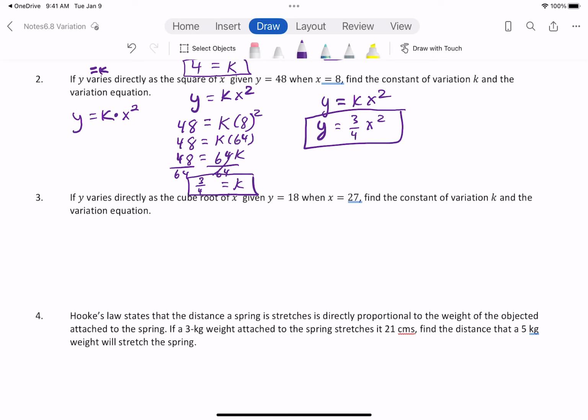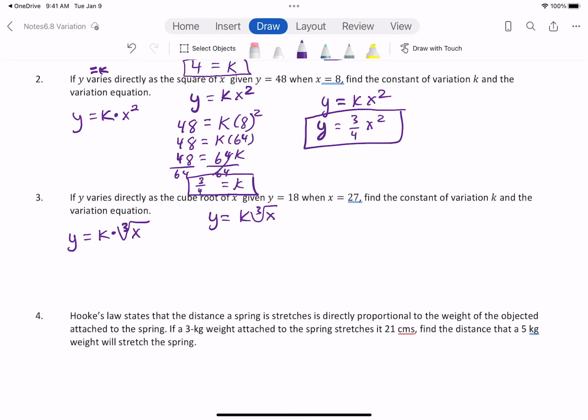Alright, so let's look at one more of this type. This time I have y varies is equals k again. What it's varying directly as, this time, is the cube root of x. So remember, we write cube root this way. Then we're going to plug in our given values.